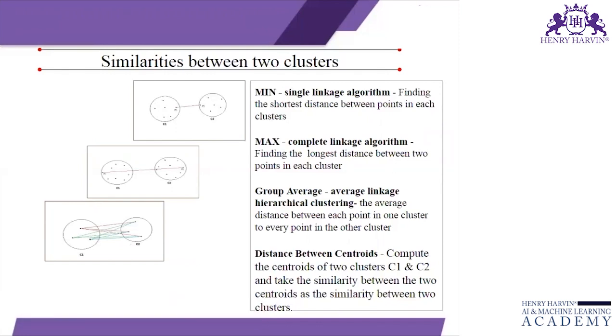Then there is one more similarity that can be found by using the distance between the centroids. So centroids will be computed for cluster 1 and cluster 2, and then the similarity between the two centroids will be checked, and that is how the clusters will be divided.